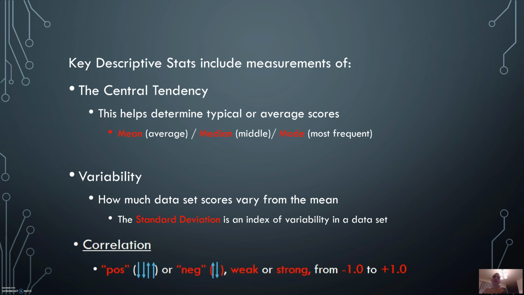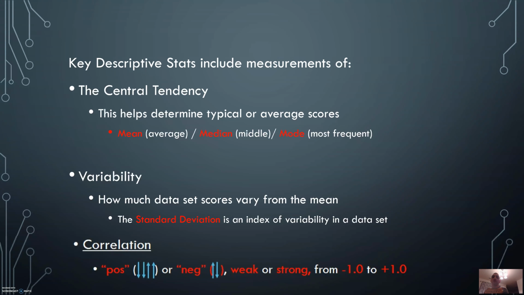Then we have variability. This is where the standard deviation comes into play. Standard deviation is how much your data set scores vary from your mean. The reason why this matters is sometimes you will have outlying data points which might really pull your mean toward one direction or the other.